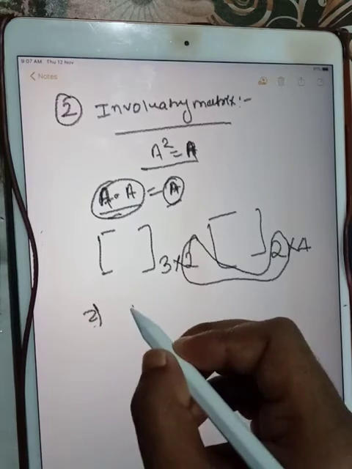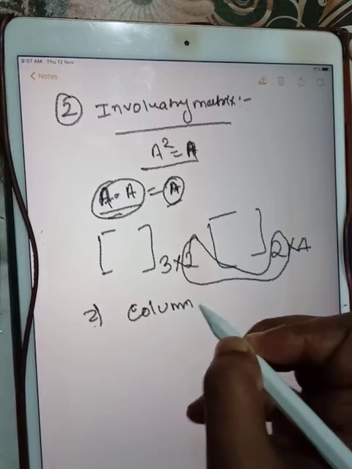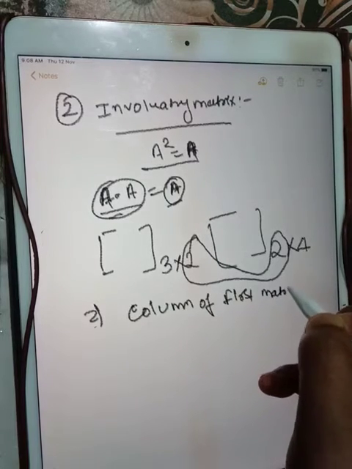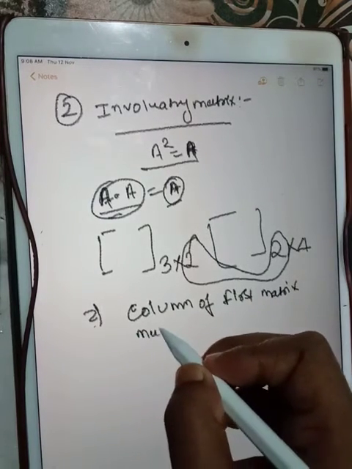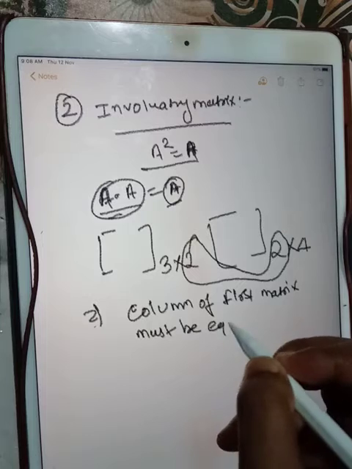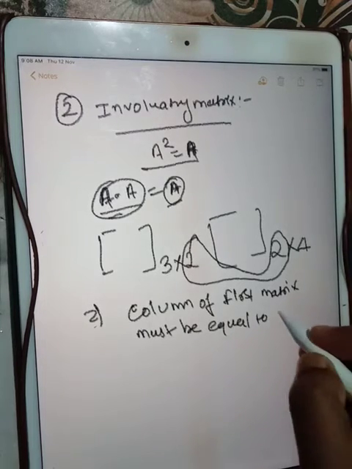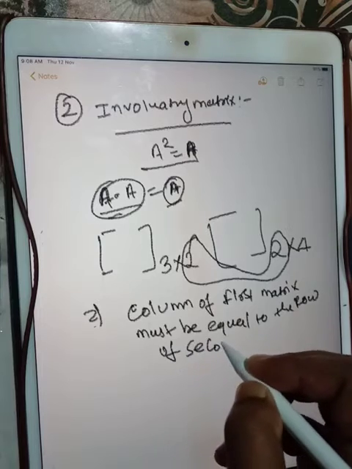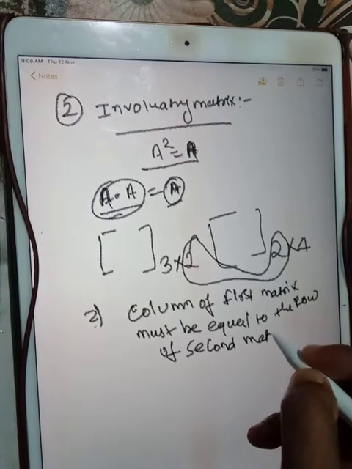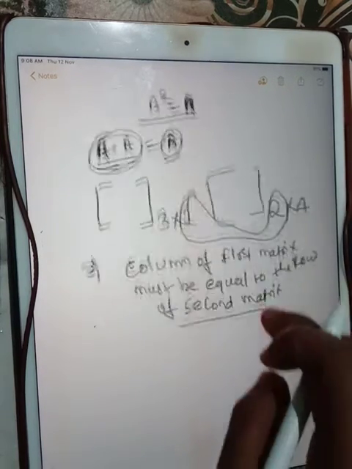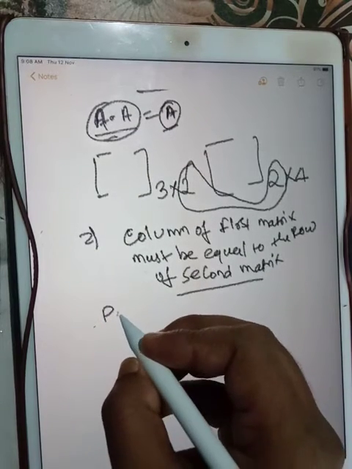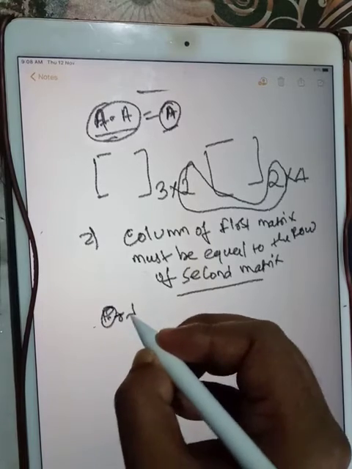That is, the column of the first matrix must be equal to the row of the second matrix. And what is the order of the product?